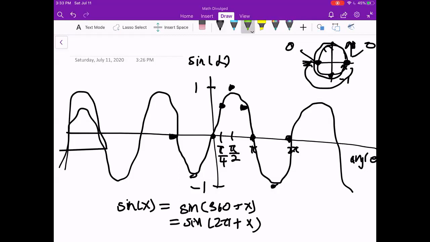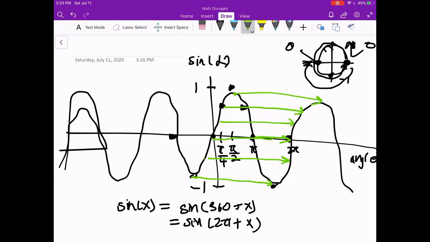So let's say we have this value right here, pi over 4. If we add 2 pi to it, that's 9 pi over 4. And that'll bring us right here. And it's actually the same exact value. Similarly, we draw that. Basically, these points all correspond to the same point 2 pi ahead of itself in this graph.